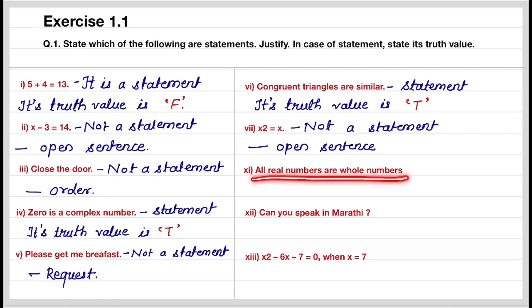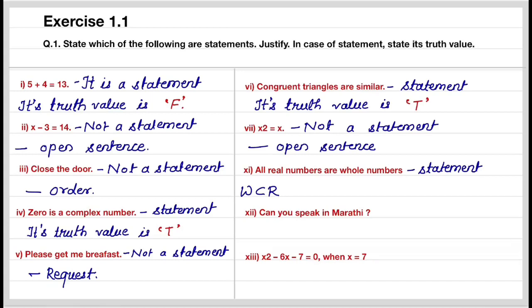Sentence 11. All real numbers are whole numbers. Again, it is a declarative sentence. So it is a statement. And is it true? We know set of whole numbers is a subset of set of real numbers.